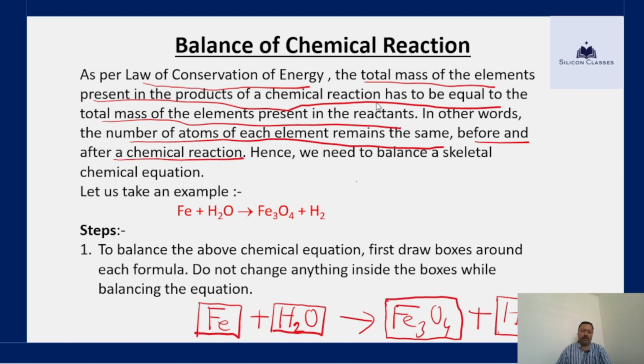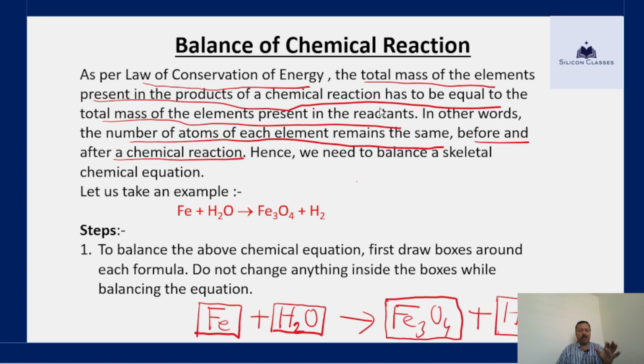What is it saying? Suppose iron is participating in a chemical reaction. In the reactant, there should be iron. In the product, there should be iron, but in a different type, a different compound. But in both reactant and product, the number of atoms of iron should be the same.